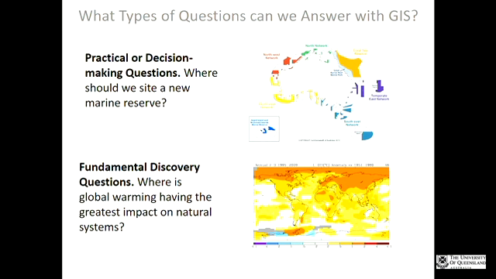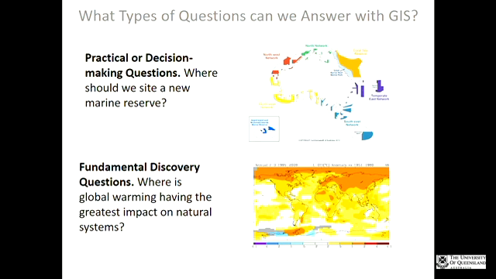The example I have here is, where is global warming having the greatest impact on natural systems? It's possible we might need to know that for informing policy or decision-making, but there are also lots of questions where initially we just want to understand the system. And that's another class of problems that GIS can help solve.